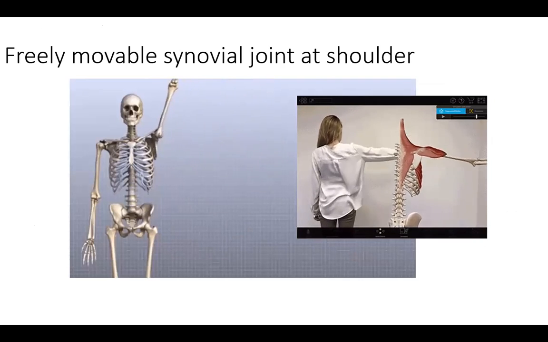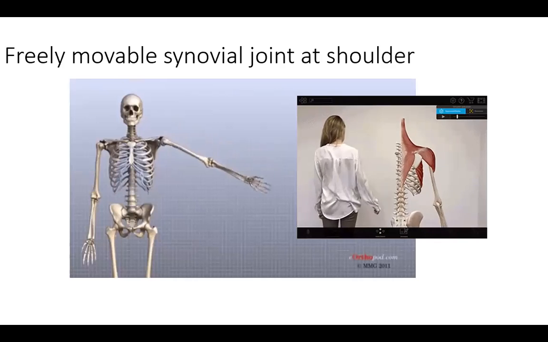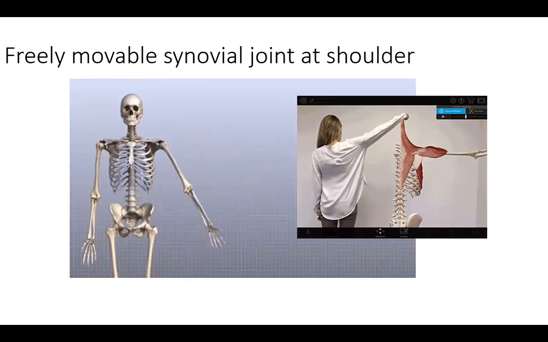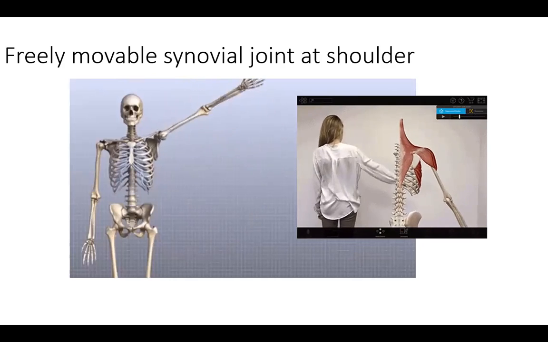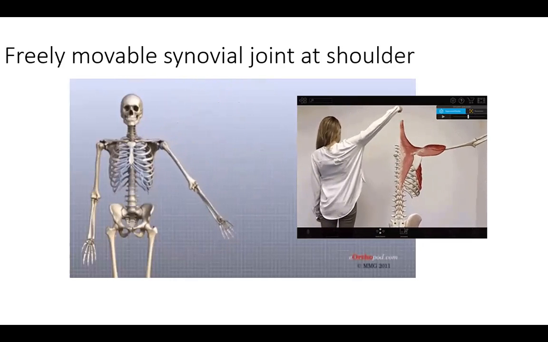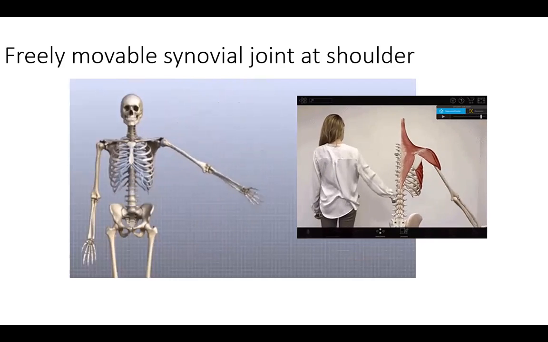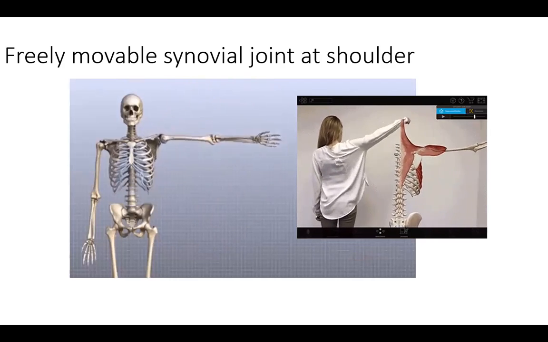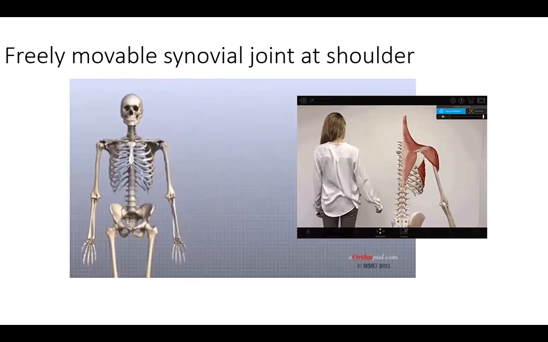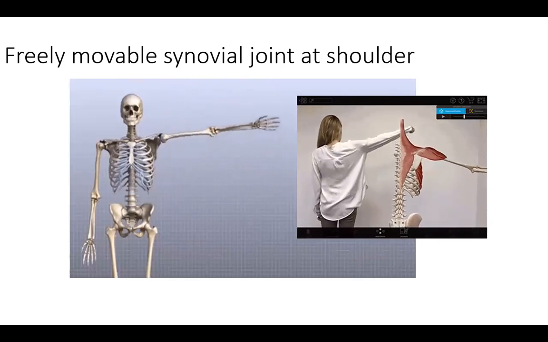And you can't even see the joint itself because it's covered with a very thick capsule to begin with. But this is a freely movable synovial joint at the shoulder. Not only can we raise our arm like this, but we can also rotate it in almost a full 360 degrees around the shoulder.